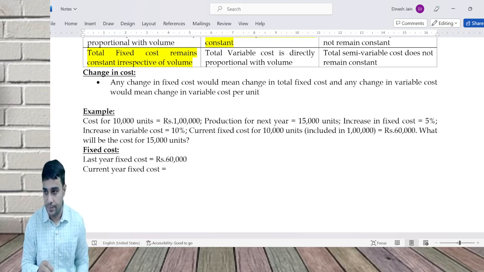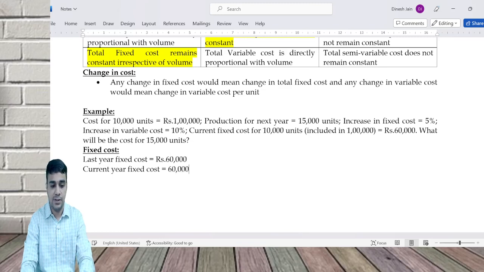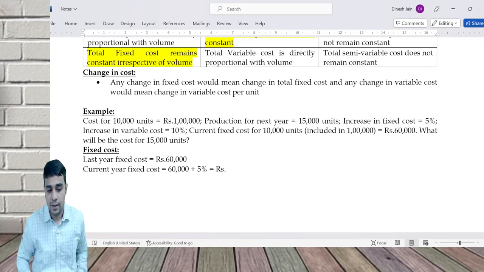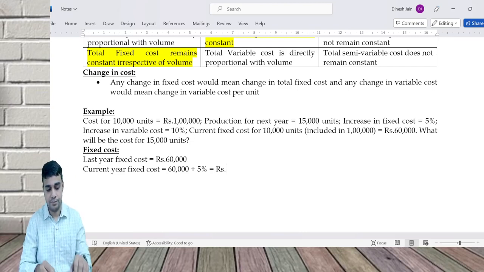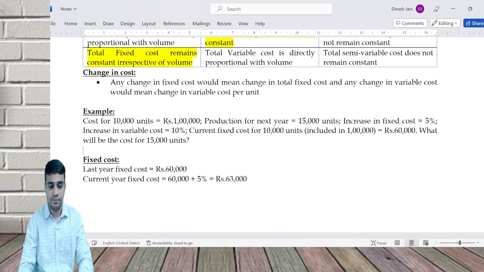What is the change they mentioned? How much? 5%. So 60,000 plus 5%. Current year fixed cost, 60,000 plus 5%, will become 63,000.